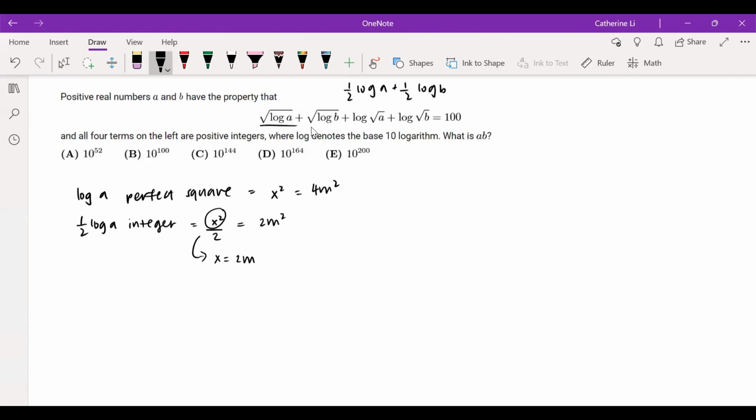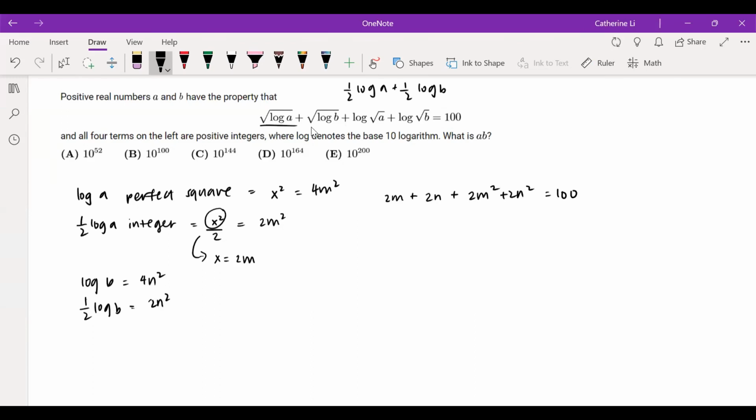Yeah, so similarly, we have log b is equal to 4n squared for some integer n, and 1/2 log b is 2n squared. So then rewriting the equation that we have using m and n instead, square root of 4m squared is 2m, and then square root of 4n squared is 2n, and then we have 2m squared plus 2n squared.